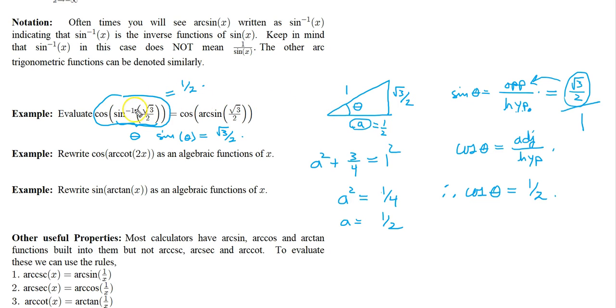And so once again, the way we thought of doing that is by thinking of the inside here, the arc sine part, as being an angle theta in which the sine of theta has to give us back √3/2. And then we formed a right triangle picture like this, used our right triangle definitions to find the cosine of theta. Let's take a look at these.